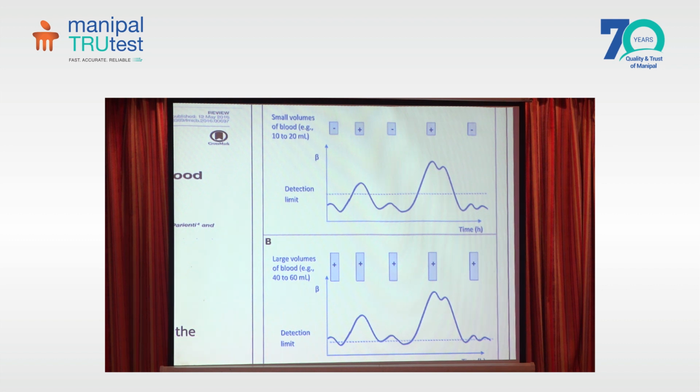The overall result suggests that it might be intermittent bacteremia. At the same time, when a larger volume of blood is collected, throughout the time period there are chances that the blood culture might come out positive. So the sensitivity increases with the volume of the blood.